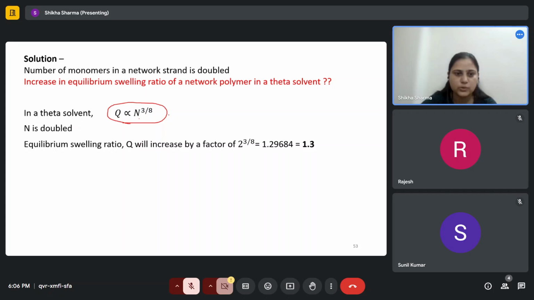So Q1 will be proportional to n1 to the power 3 by 8, and Q2 to n2, meaning 2n1, to the power 3 by 8. So the equilibrium swelling ratio Q will increase, after cancelling, by a factor of 2 to the power 3 by 8, which is approximately 1.3.